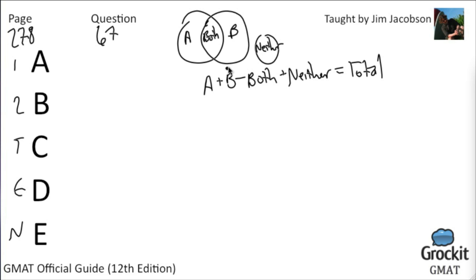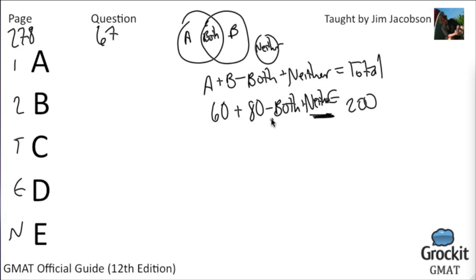The total here is 200, and A is 30% of the 200 students. So 30% of 200 is 60. Then we have 40% of 200, and that's 80, minus those who are doing both, plus those doing neither, gives us 200. The question is actually asking us how many are neither.